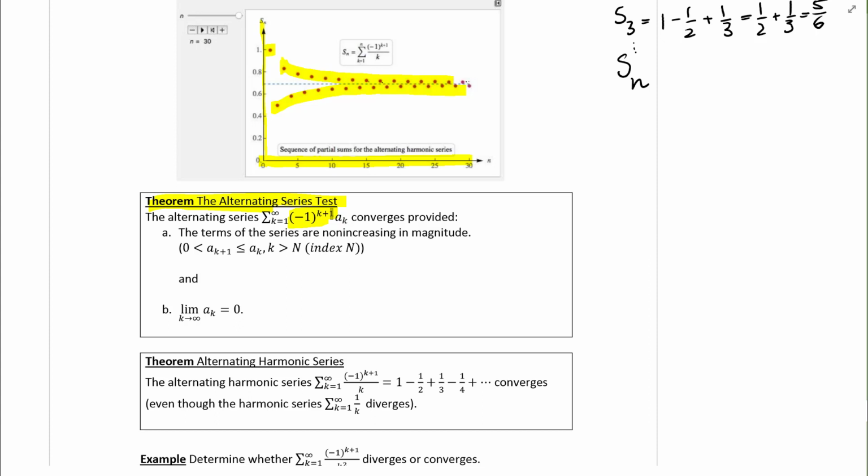So the sum as k equals 1 to infinity of (-1)^(k+1) a sub k converges provided the terms of the series are non-increasing in magnitude, so I want you to think they are decreasing. That means a sub k+1 is less than or equal to a sub k, and the limit as k goes to infinity of a sub k equals 0. So we have two things to check all the time. Keep that in mind.